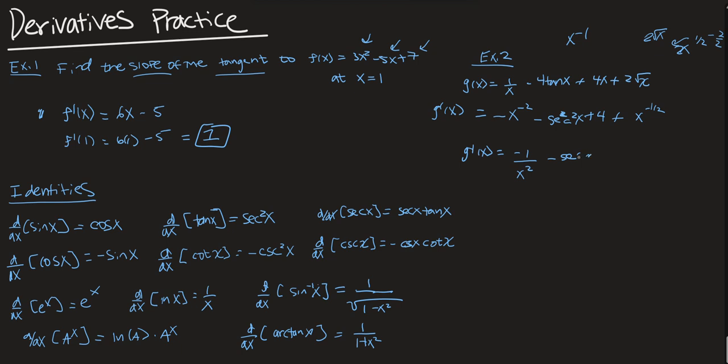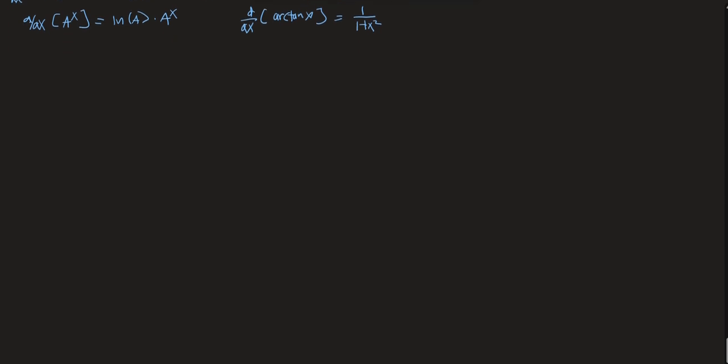Secant squared x plus 4 plus, and then we have 1 over, you can write it like that. Actually, you don't want to write it like that, but it's fine for the purposes of this video. We're really just focusing on getting our derivatives fine-tuned.